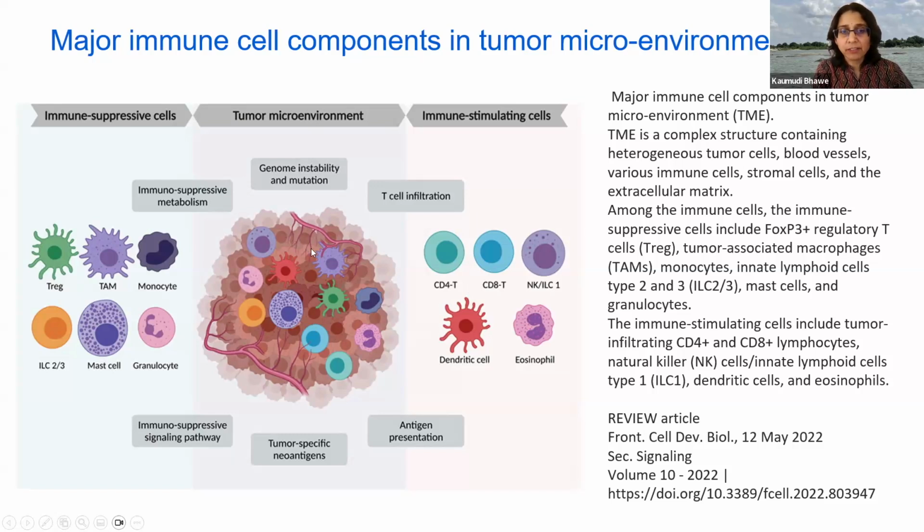And the tumor itself can have a relatively more stable genome or a more unstable genome. In the case of a more unstable genome, where there's high genomic instability and mutations, there are more tumor-specific neoantigens that are likely to be released. And then antigen presentation happens, and the immune system can sort of attack the tumor.